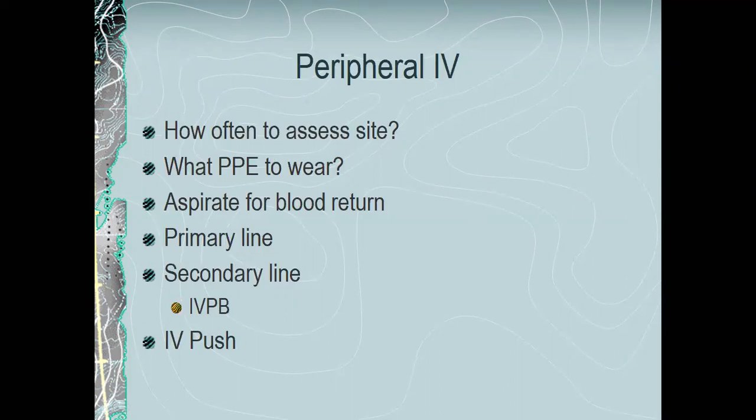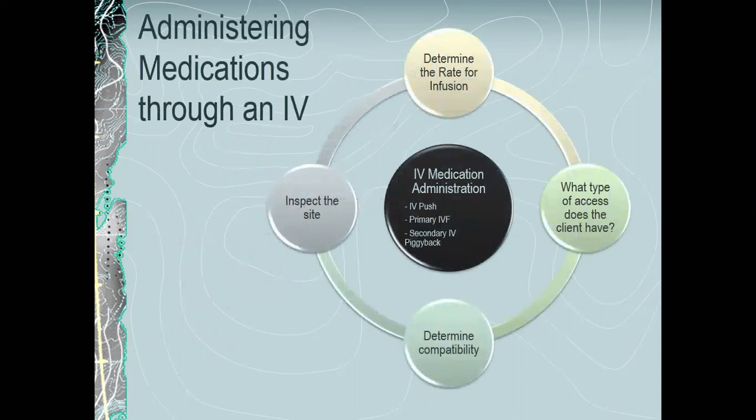You've got your primary line we talked about earlier. That's with your continuous fluids. Secondary line with your IV piggybacks. And then your other way of giving medications is through that IV push, or through a syringe that you push through. So let's go through the process of administering medications through an IV.